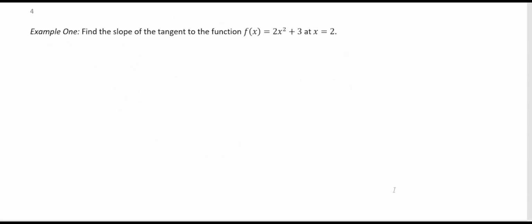In this example, we're going to find the slope of the tangent to the function f at x is equal to 2x squared plus 3 at x is equal to 2. I'm going to first find the slope as a function of x.